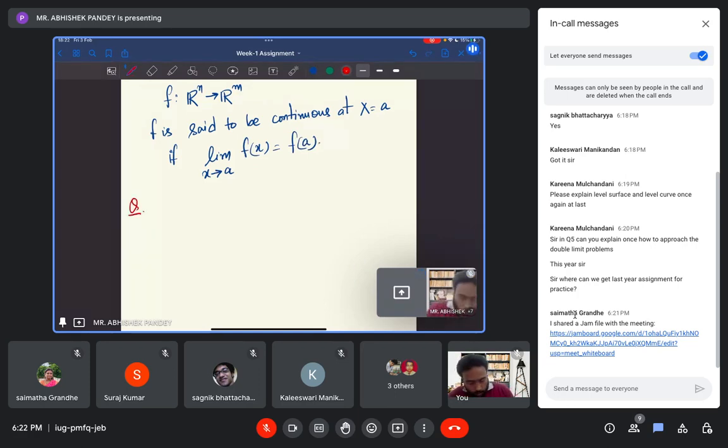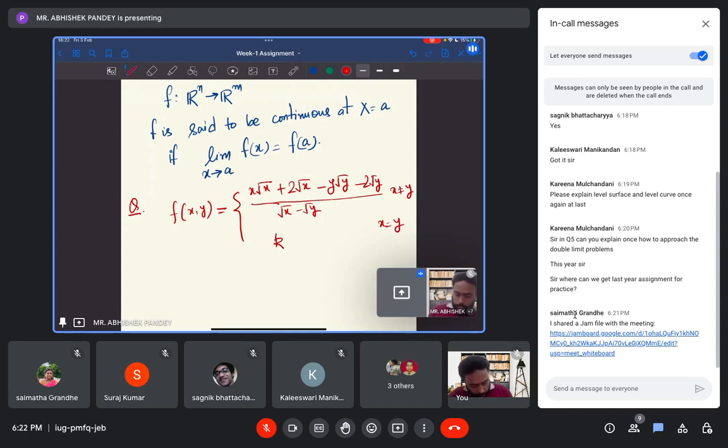Now let us move towards the question. The question is: f(x, y) is (x√x + 2√x − y√y − 2√y) upon (√x − √y) when x is not equal to y, and k when x is equal to y.